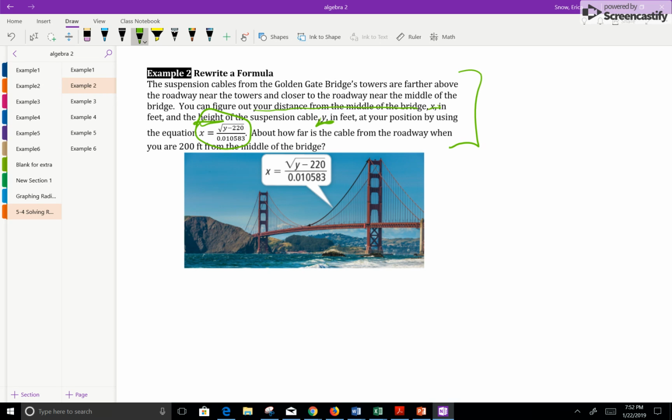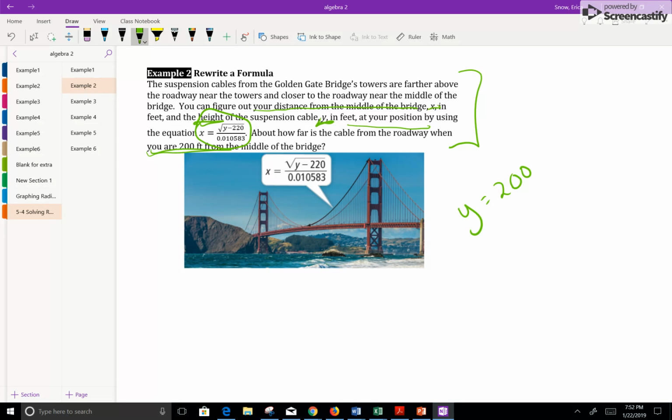So now we're going to see what the question is asking. It says, how far is the cable from the roadway when you are 200 feet? So you are 200 feet, meaning your position.